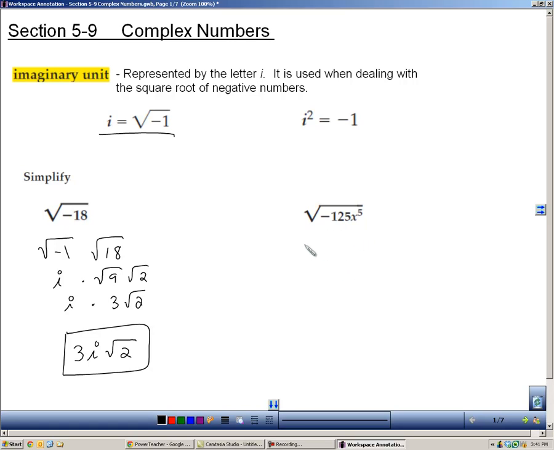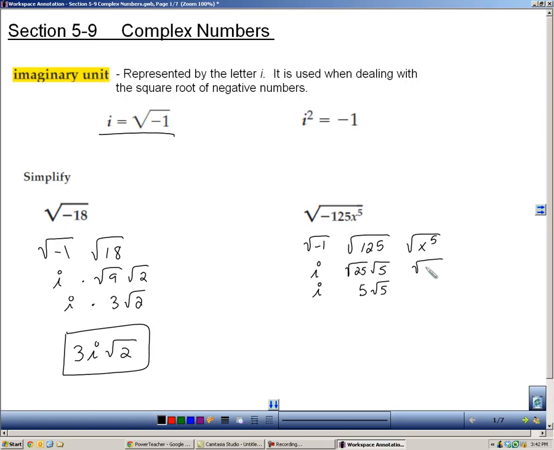Next example, square root of -1, square root of 125, and square root of x to the 5th. Root -1 is an i. Square root of 125, well, I know that's root 25 times root 5, and the square root of 25 is 5. So that simplifies to 5 root 5. We still have an i here.